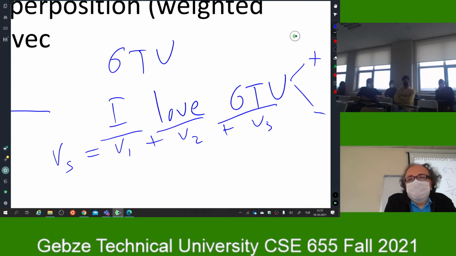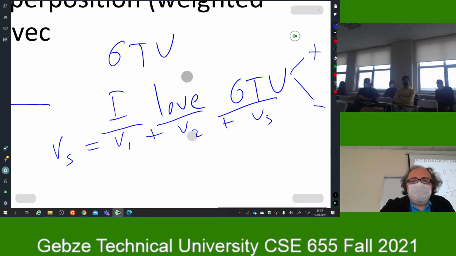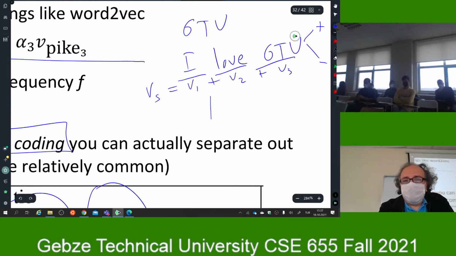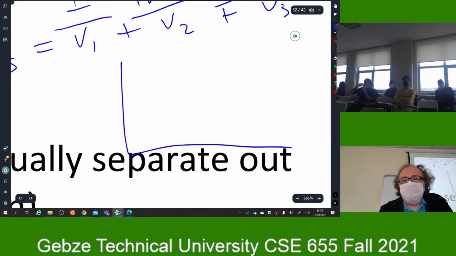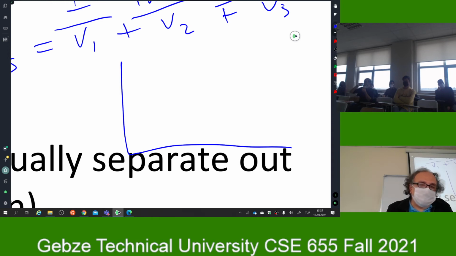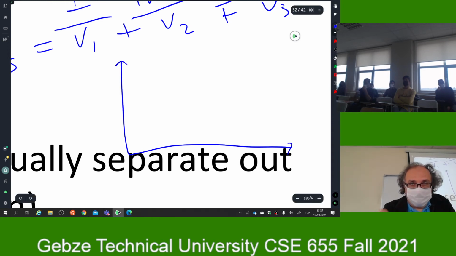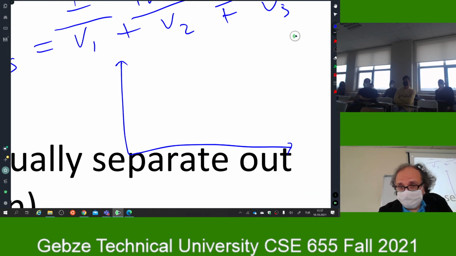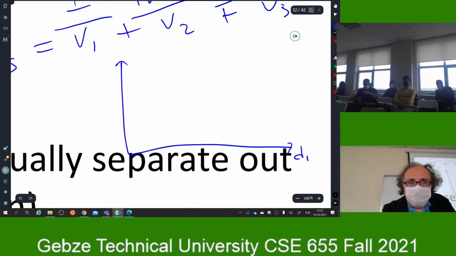Okay? So I have a vector for the whole sentence, and if I simplify this decision into two-dimensional vectors, of course I know that it's 300 dimensional, but just for the sake of example, let's take just the first two dimensions, d1 and d2.